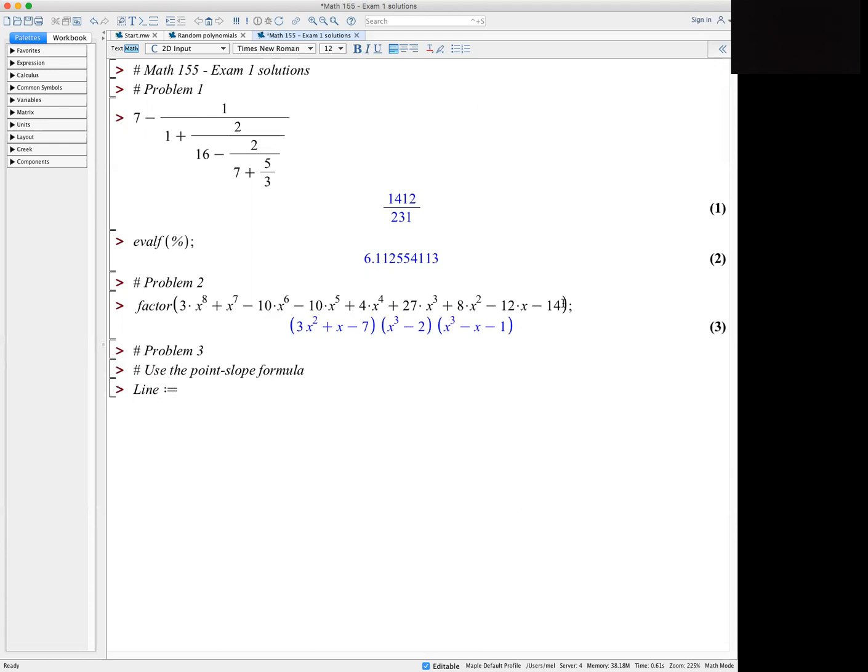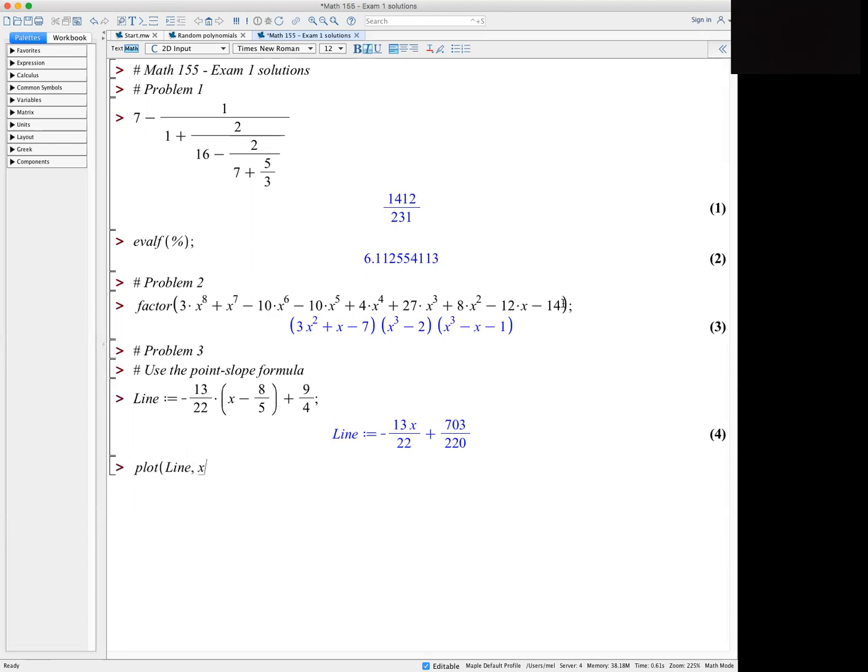So the line is given by the slope, minus 13 divided by 22, times x minus 8/5. That's the x coordinate of the point that it goes through, plus 9 over 4. So that's the line.